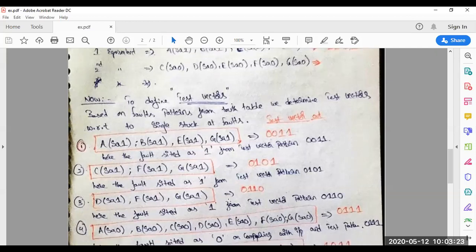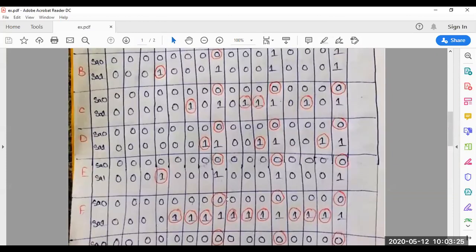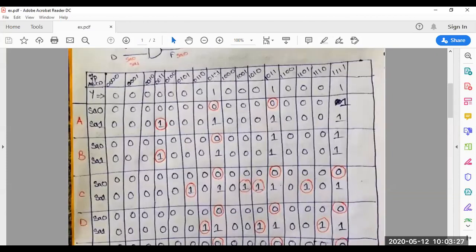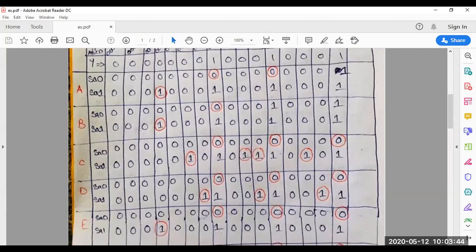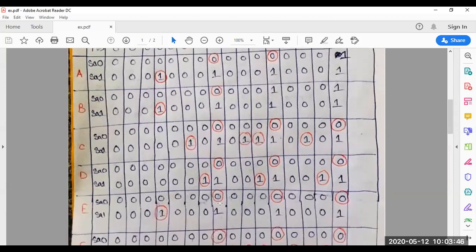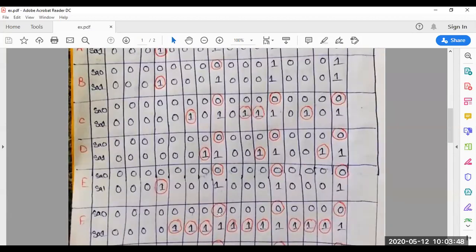One more vector will be identified here, 0, 1, 1, 1. Here A stuck at 0 is a fault, next B stuck at 0, C stuck at 0, D stuck at 0, E stuck at 0, F stuck at 0, G stuck at 0.